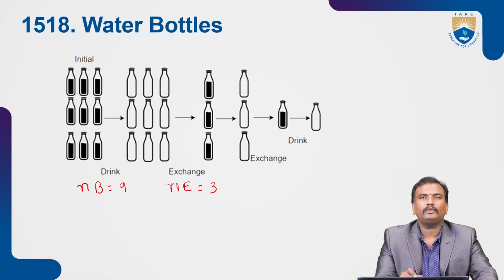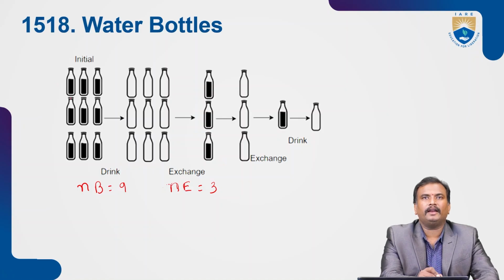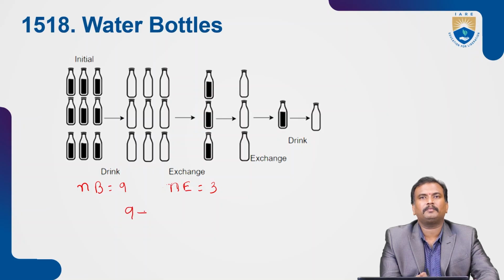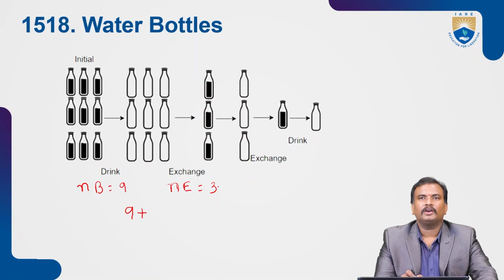Like this we have to do our exchange. Here there are 9 water bottles given. So first, how many water bottles can we drink? Maximum 9. And then after the 9 water bottles, we are having 9 empty bottles. These 9 empty bottles we are going to exchange. How are we going to exchange? With the number exchange. If we are having 3 empty bottles, we are going to get 1 full water bottle.